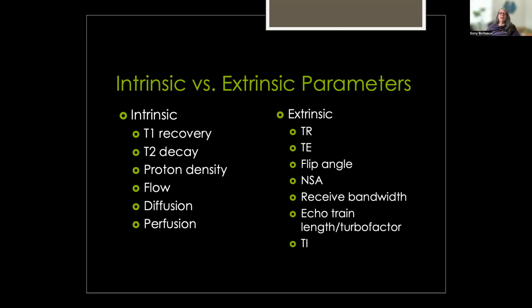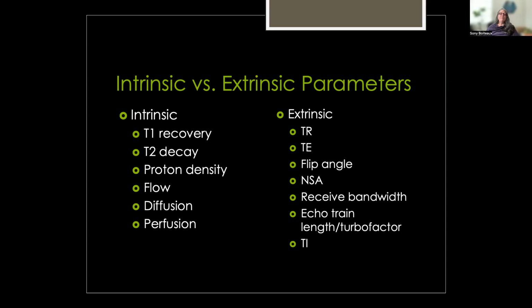Other things that are going to come into play would be flow of cerebrospinal fluid, flow of blood, whether it's arterial or venous, even lymphatic flow. Then there's diffusion. Diffusion is just the random motion of molecules.